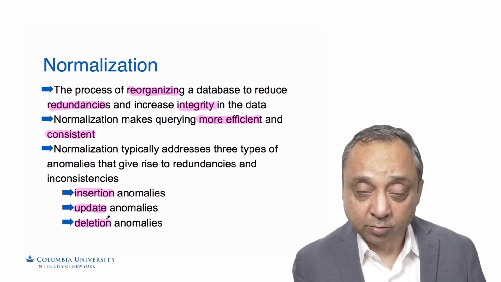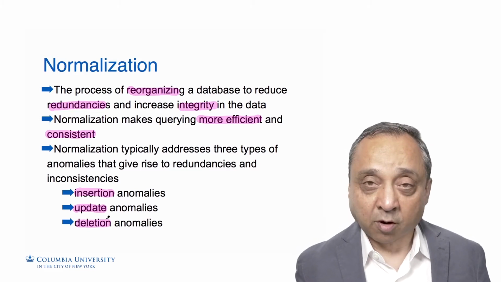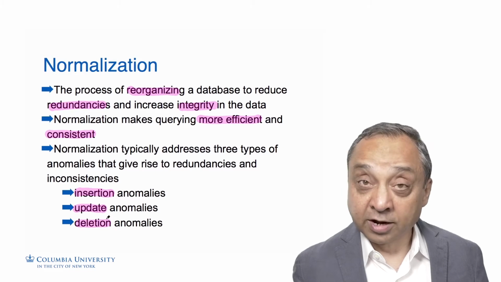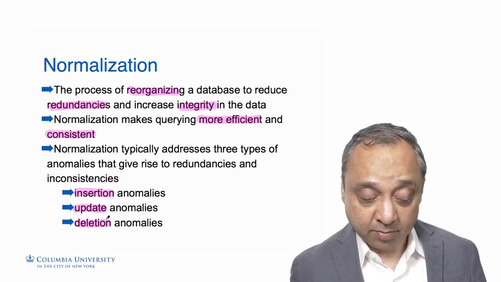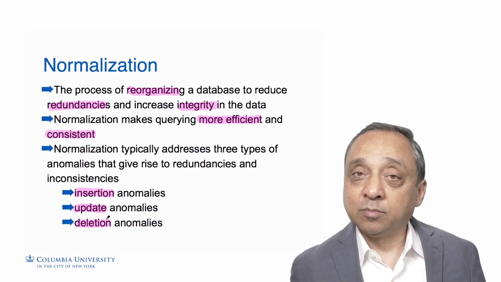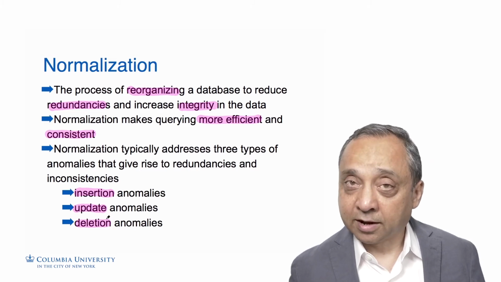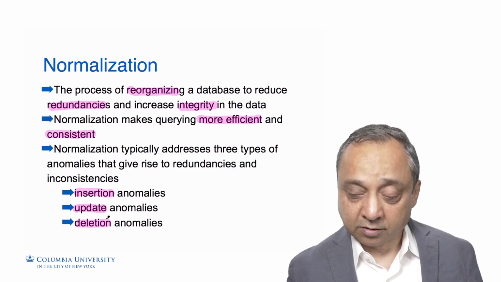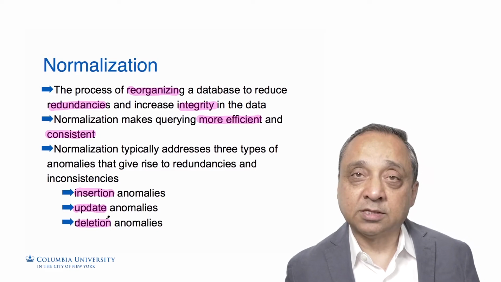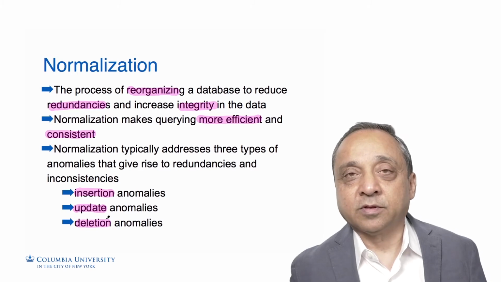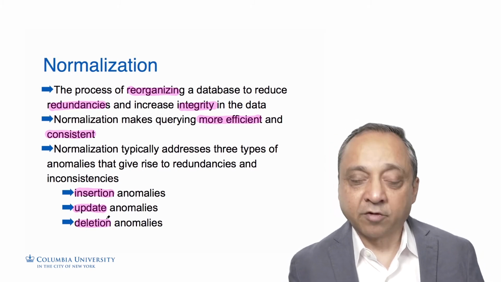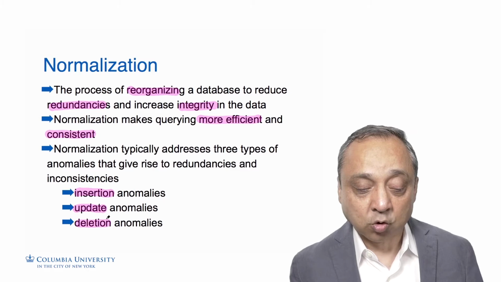That's why they're called anomalies, because they cause problems. So the problems occur when you're inserting new data into the database, or when you're changing a value in the database, or when you're deleting a complete data item from the database. And the whole purpose of normalization is to ensure that, at least, the probability of having these problems is greatly reduced. Okay, that is the goal of this.